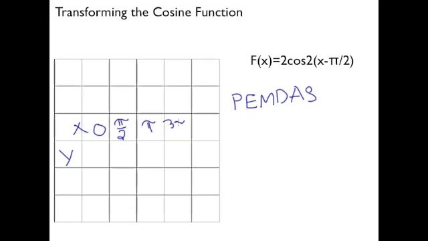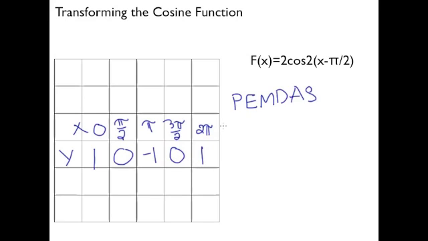Now the y. At 0, the cosine value would be 1. At pi over 2, 0, -1, 0, and 1.